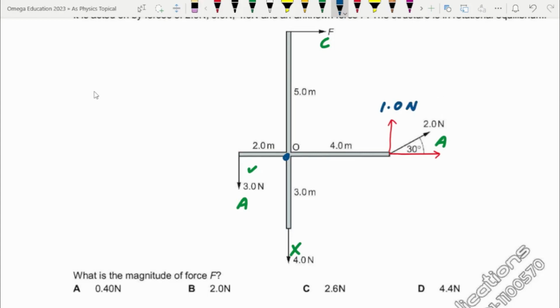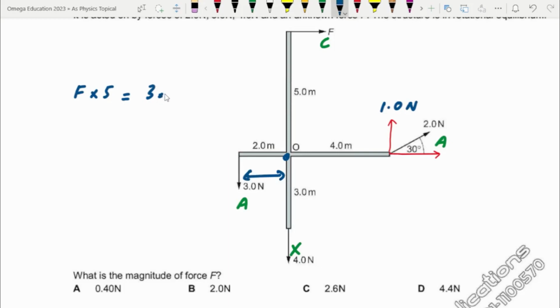So what do we have for clockwise? We have F, and its perpendicular distance of 5, equals 3 Newton, and the perpendicular distance of that force is 2.